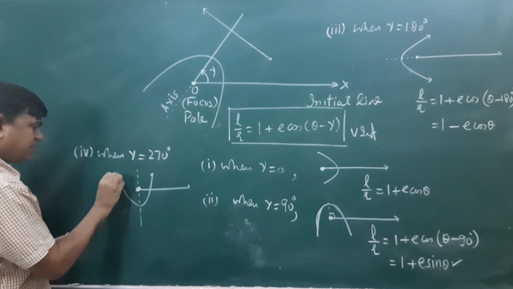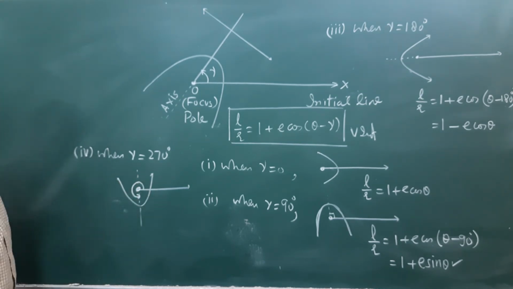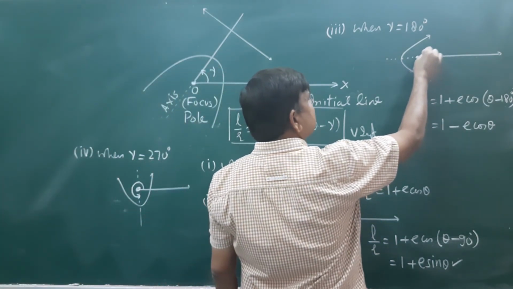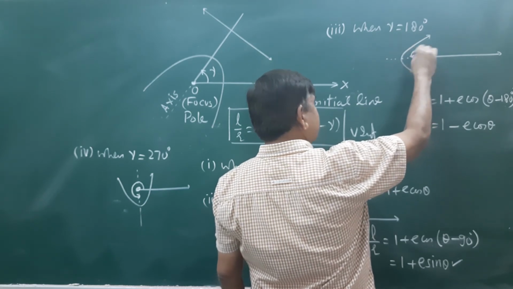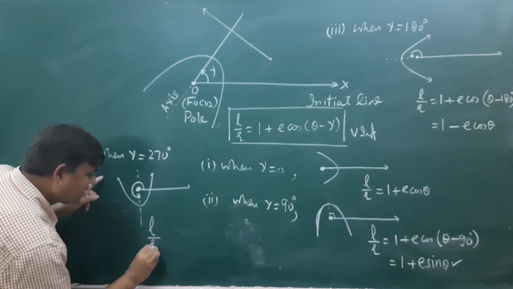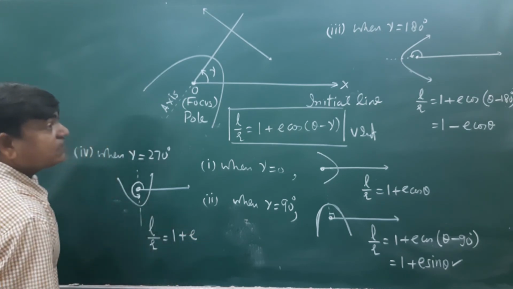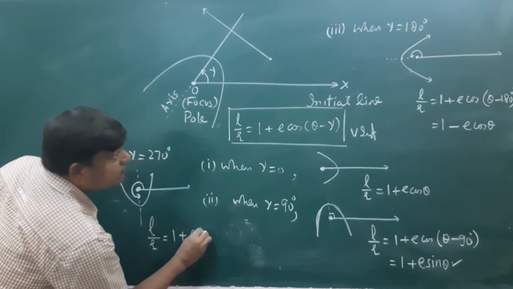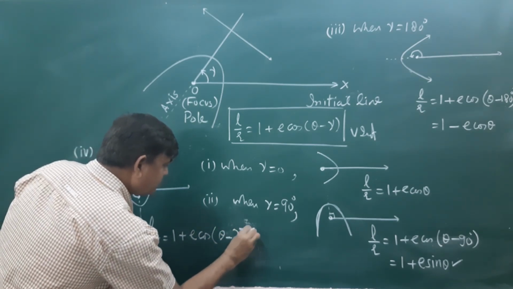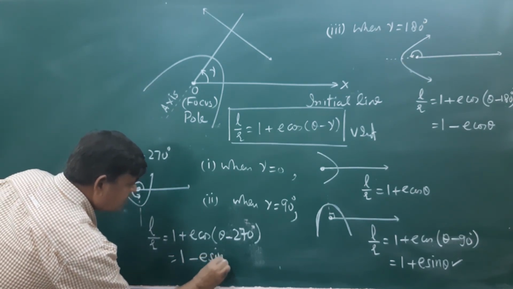This is the situation of the conic, and this is gamma. So what will happen? L upon R equals 1 plus E cos theta minus 270, which is again 1 minus E sin theta.